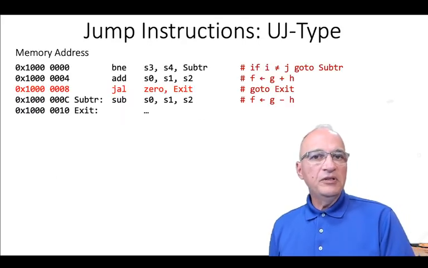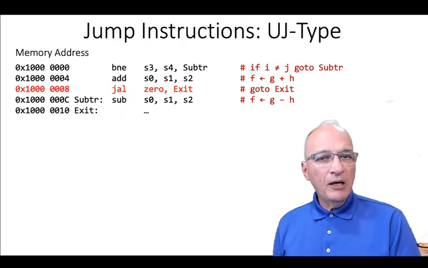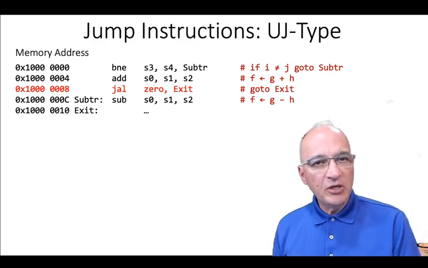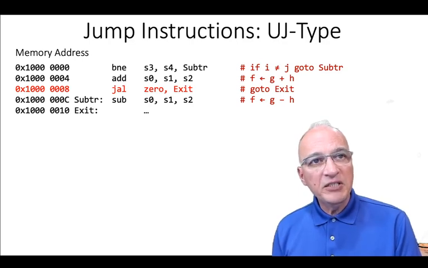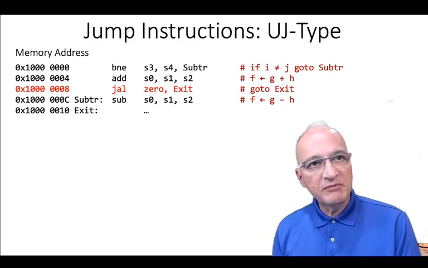So now that we have understood how we can use the jump and link instruction as an unconditional jump instruction, let's look at the UJ type format in RISC-V. In this piece of code, I have a jump and link where the return address is register 0 and the target is exit.